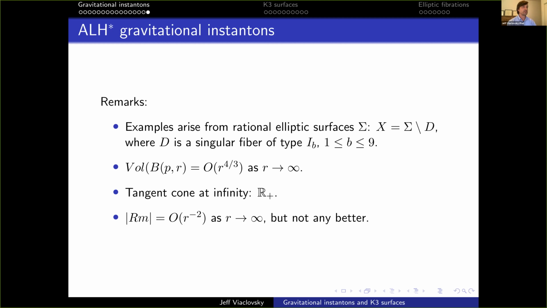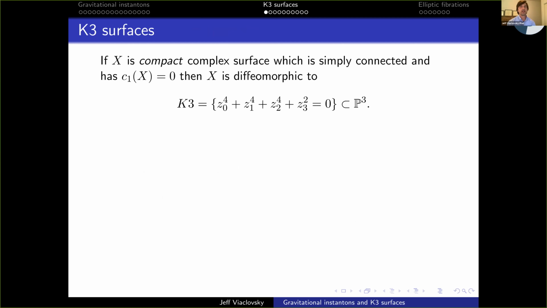Okay, so that finishes the examples. Now I'm going to talk about some relation of these examples with K3 surfaces. Let me give you a quick review of K3 surfaces. If X is a compact complex surface which is simply connected and has vanishing first Chern class, then X is diffeomorphic to a quartic hypersurface in P3.